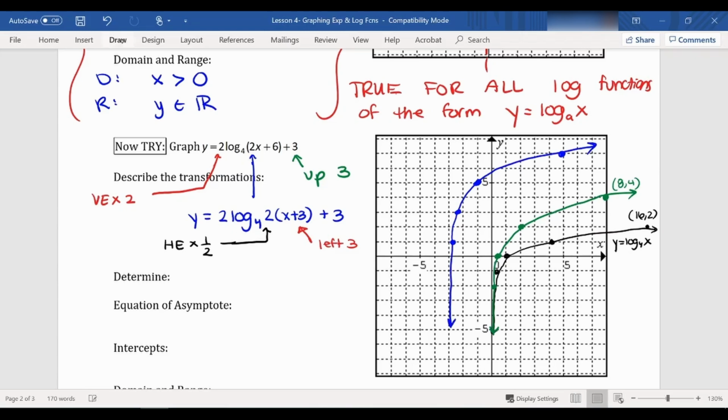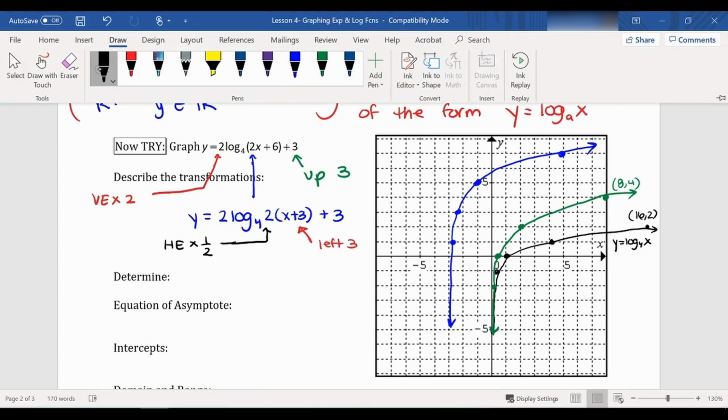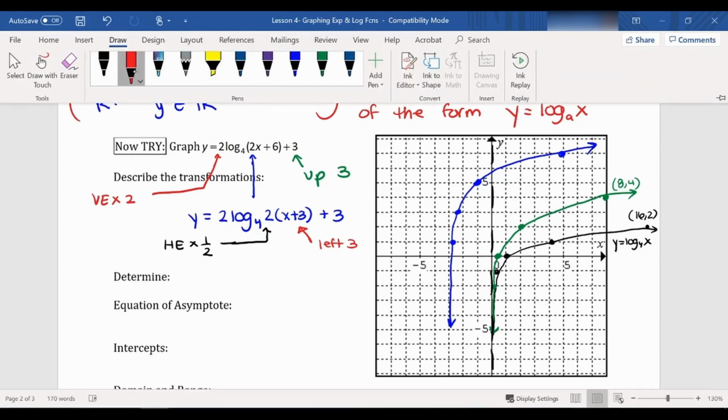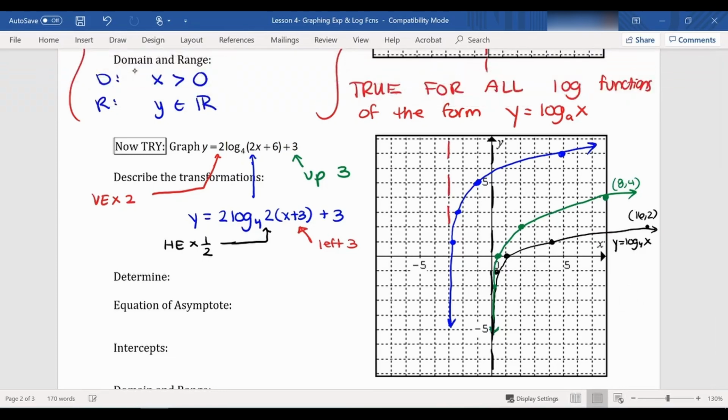So my asymptote originally was on the y-axis here, my very original asymptote. Expansions, compressions would not move that, but moving left 3 would. So now my asymptote is here at x equals -3.